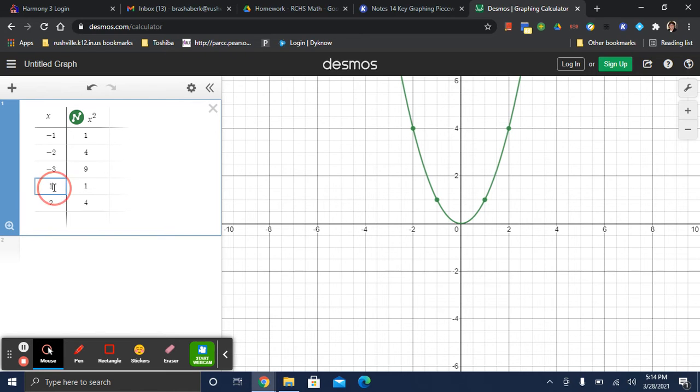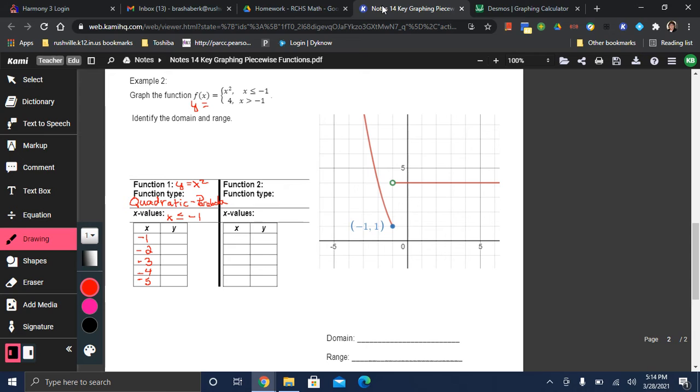And you'll probably find that even though we've asked you to put these table values in, your graph probably doesn't include all of these. So we get 1, 4, 9, 16, and 25 as our table values for the y. So 1, 4, 9, 16, and 25.